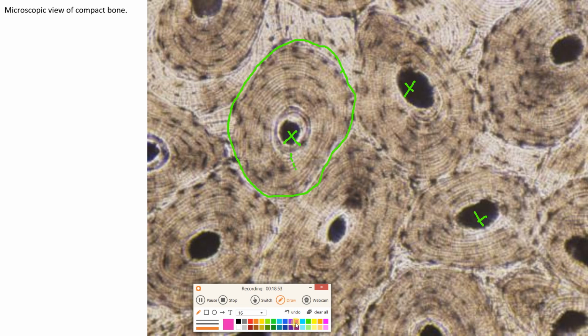I can also see little openings. These little openings, I'm putting pink dots in them. Those are lacunae. They're empty here in this picture, but in real life they would be occupied by osteocytes. Now I even see some interstitial lamellae in between my osteons. Awesome.